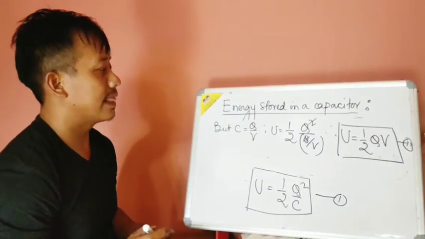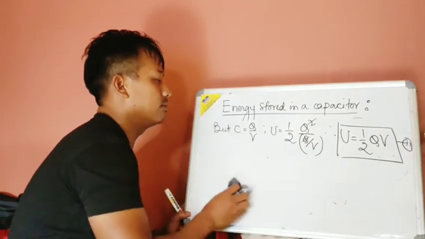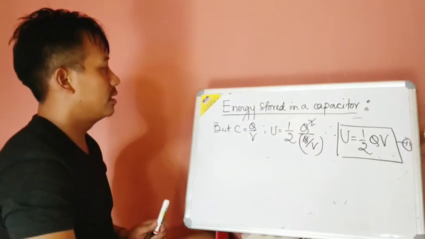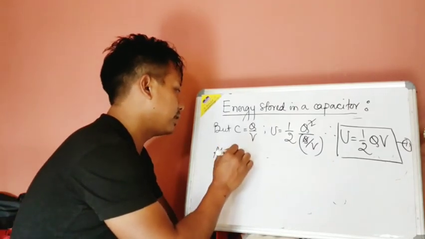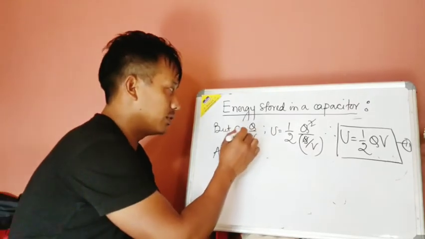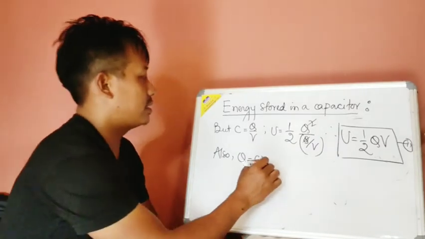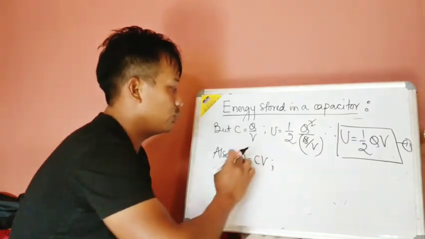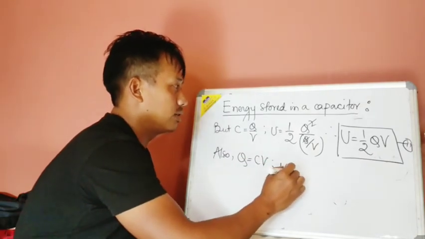Is that okay? Let us come to another one. From the same formula, if you want to find Q, Q is equal to C into V. So instead of Q here, let us substitute CV.